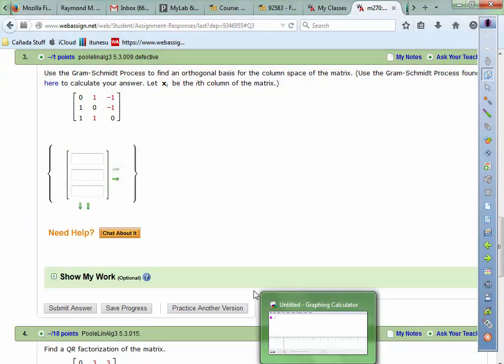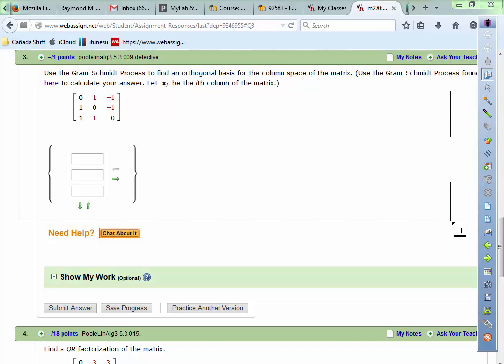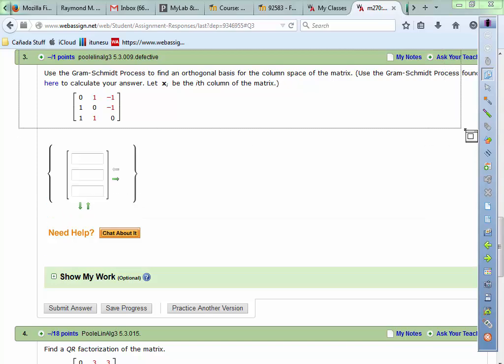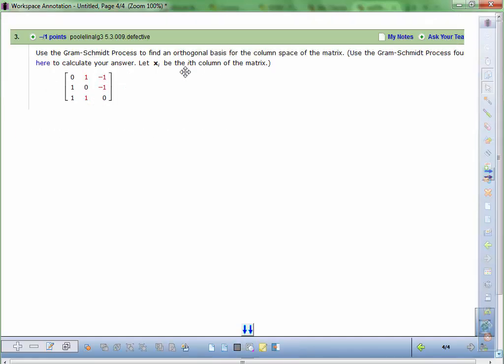Yeah, so this has a defective sign on it, apparently. We'll do this as an example. Getting closer. The exam problem is going to be a QR factorization, which involves this process.